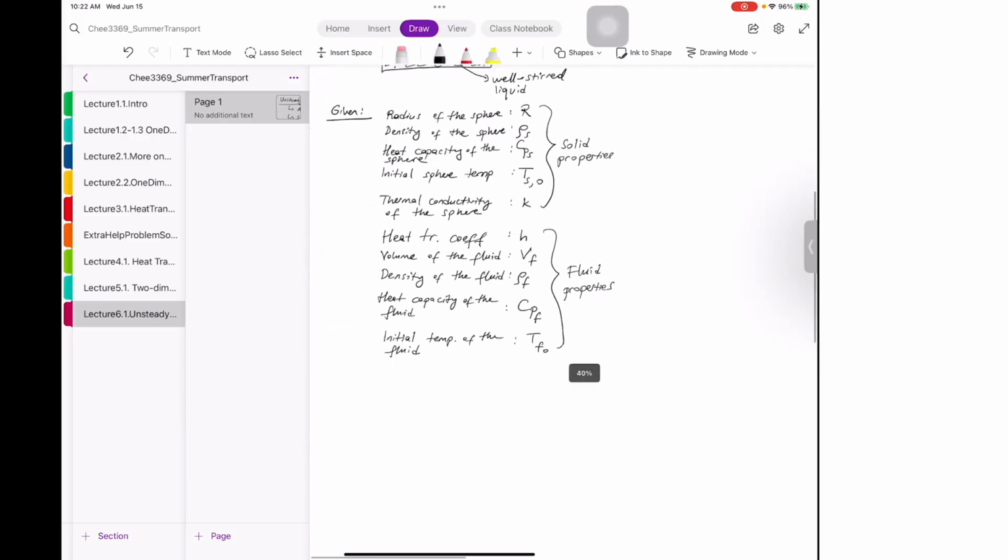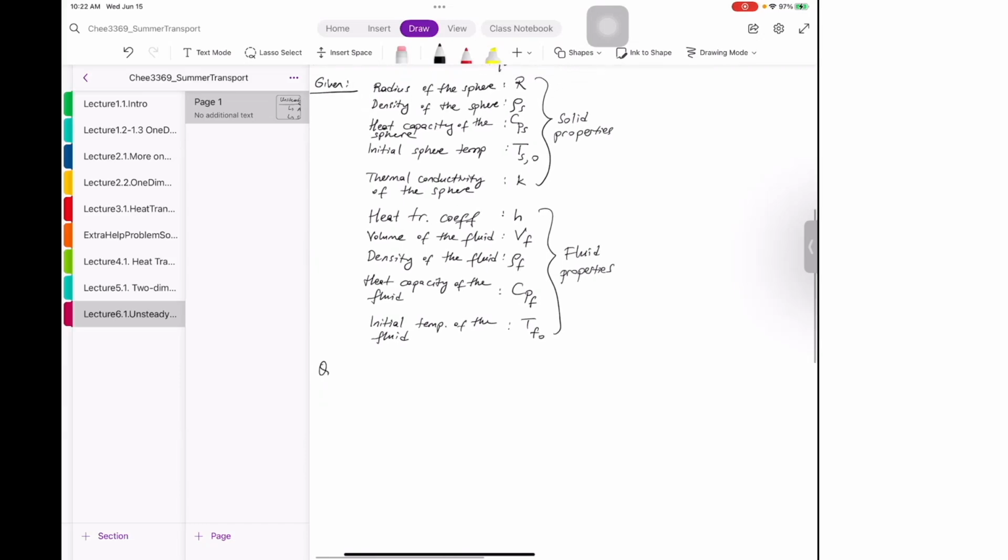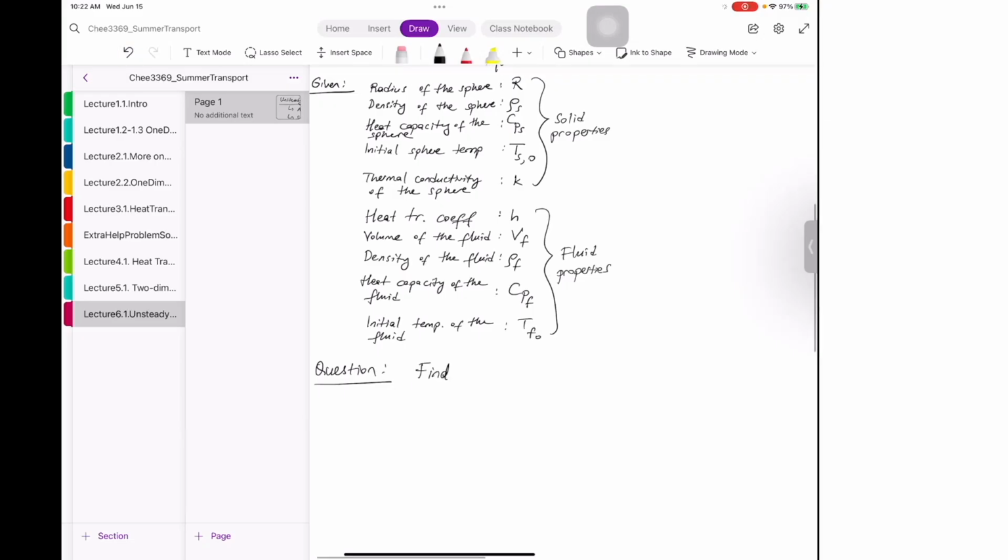So here's the question. Find the temperature T of the sphere as a function of time.